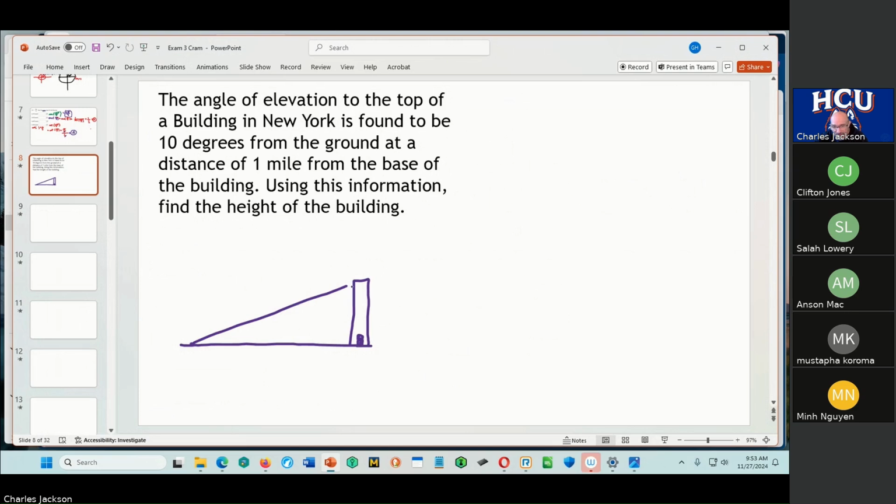Your eyeball's on the ground and you're looking at the top of the building, that's 10 degrees. That's angle of elevation. One mile. SOHCAHTOA.